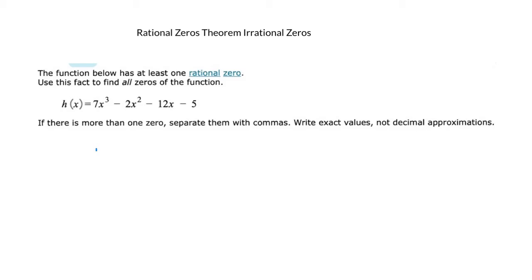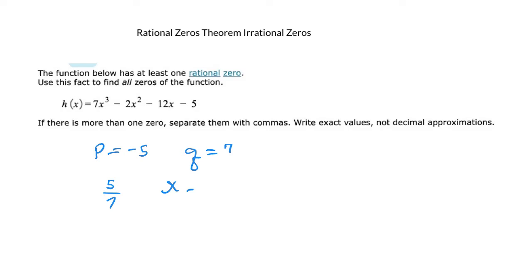So we're going to let p equal the constant term, -5, and q equal the coefficient of the leading term, which is 7. So we know that our roots are going to have all possible multiples of 5 over all possible multiples of 7.